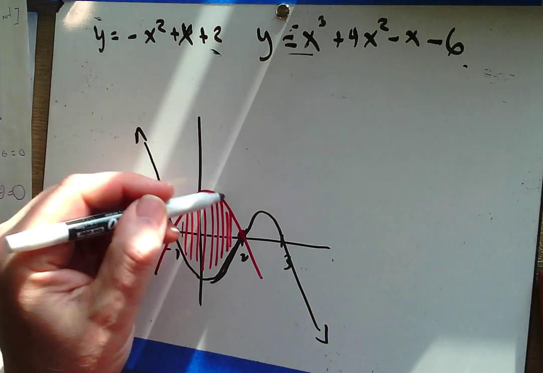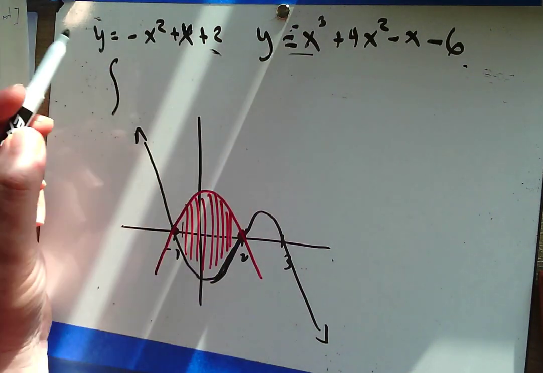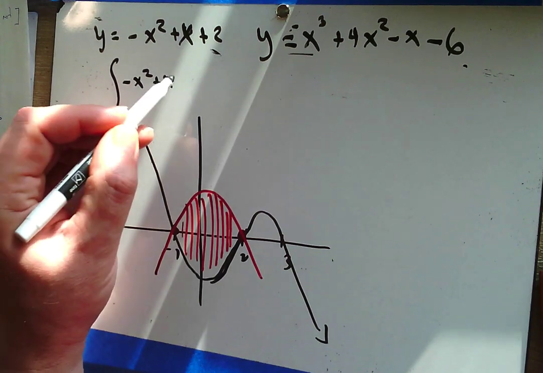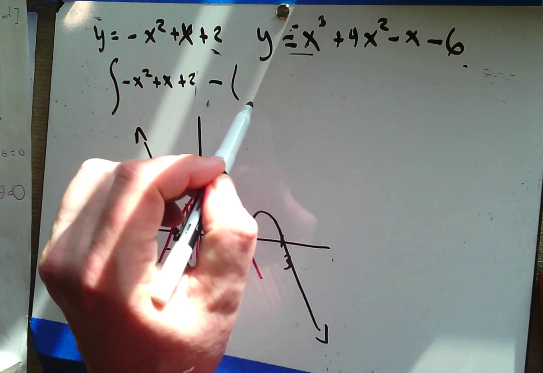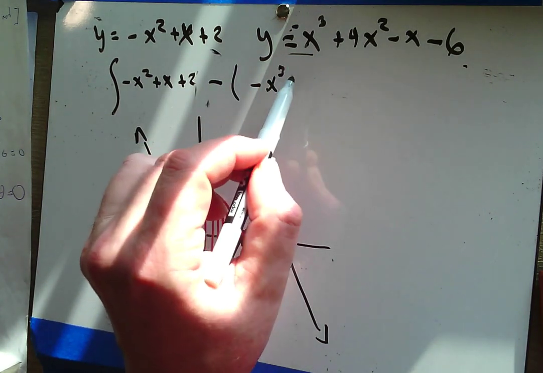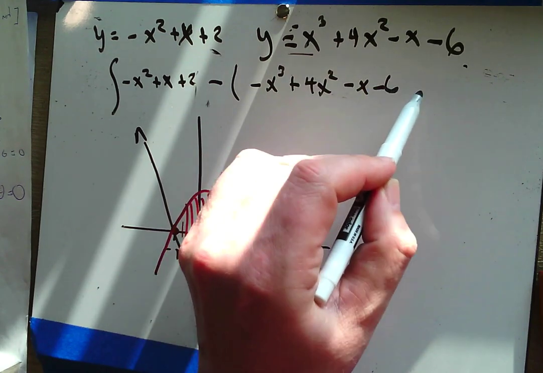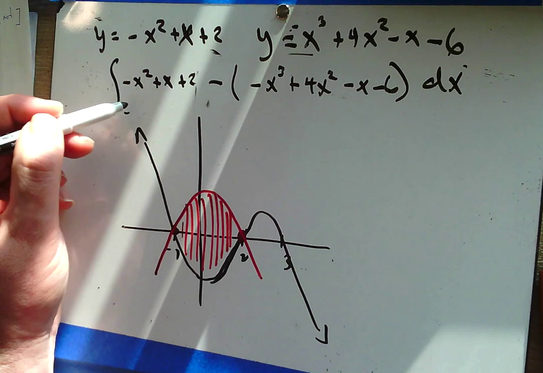And the top is the down-pointing parabola, and that's a little weird because I always expect the higher degree polynomial to be on top, but it isn't. So don't worry, we're going to do this, and then we're going to subtract the bottom function, which is minus x to the third plus 4x squared minus x minus 6 dx, and we're integrating from -1 to 2.